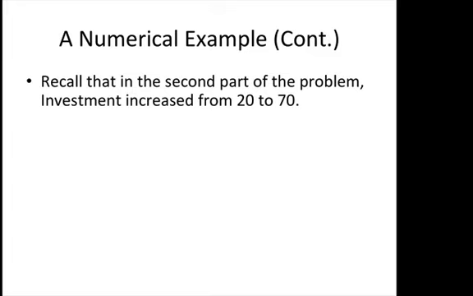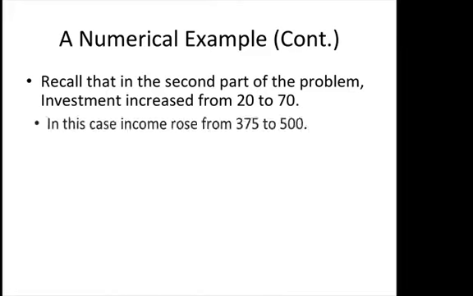The change in saving has to equal the change in investment plus net exports, and net exports aren't changing. So the change in private saving is equal to the change in investment, which is 50. Private saving is going to go up from 30 to 80. Let's see if that's the case.